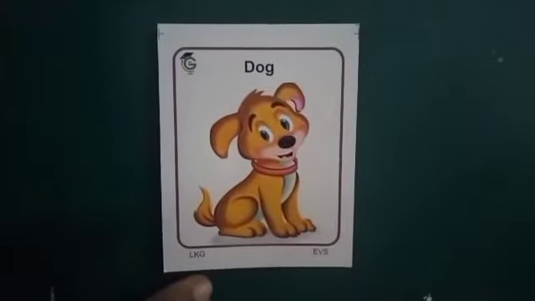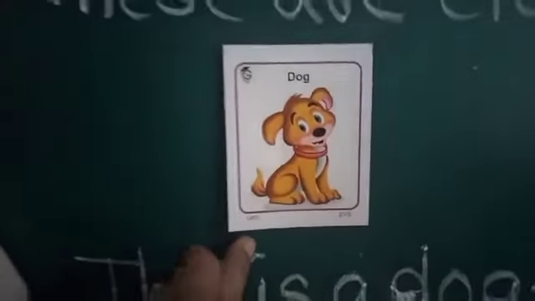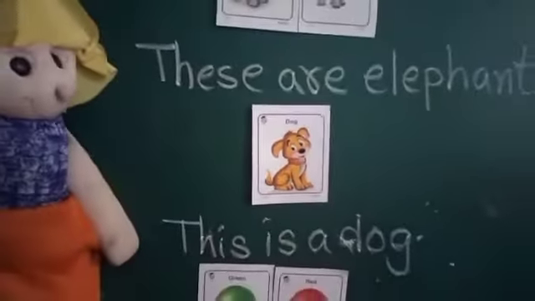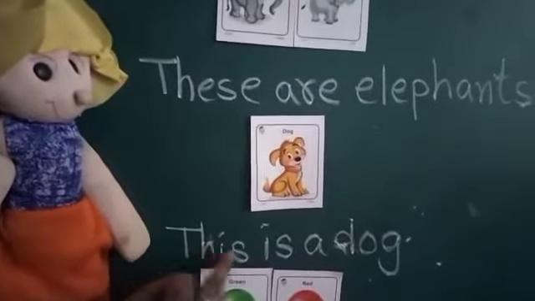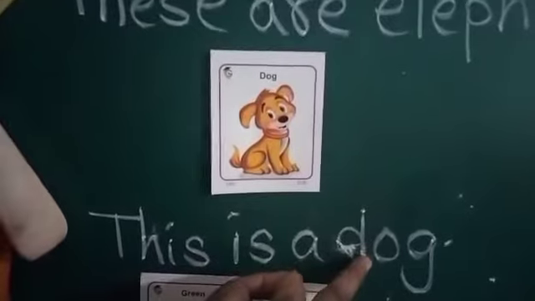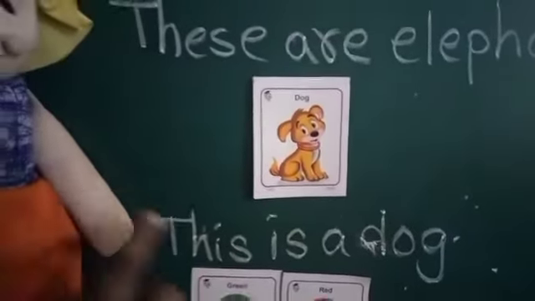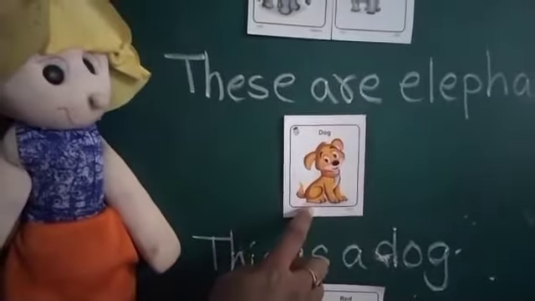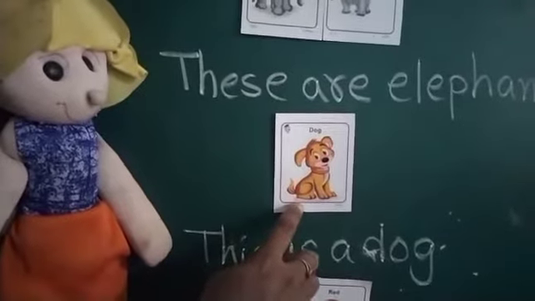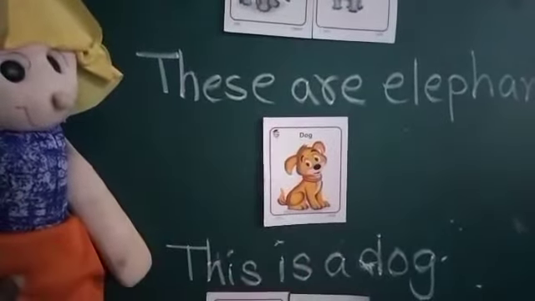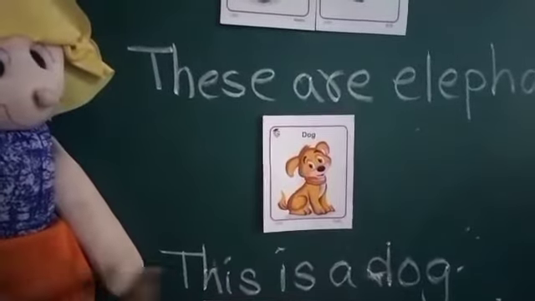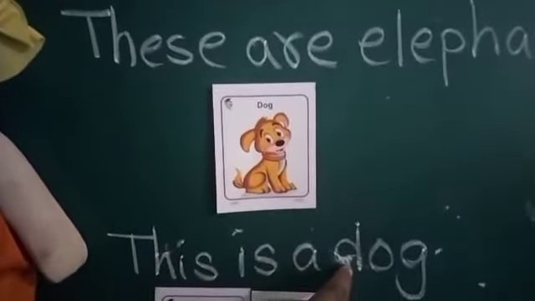Only one, and this dog is near to Dolly. Then what is she telling? This is a dog. Why is she using "this"? Only one dog is there and it is near to Dolly. So she is using "This is a dog."